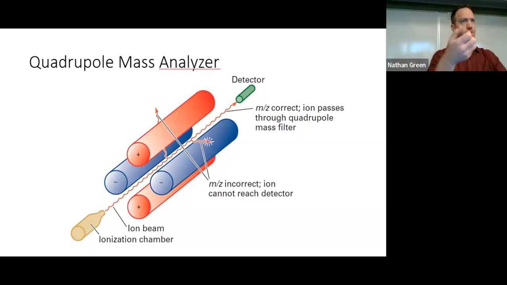And depending on how the rods are tuned, only certain size particles will make it all the way through. So this is handy because you don't have to have this big wide turn. You don't have to have it in a perfect vacuum. You need a vacuum, but you can miniaturize this a lot more because you're just using charged wires as your path. So this is how we turned these mass specs into like a suitcase that you can take out into the field, because a quadrupole MS is just as accurate, but it's much, much smaller and much more affordable.